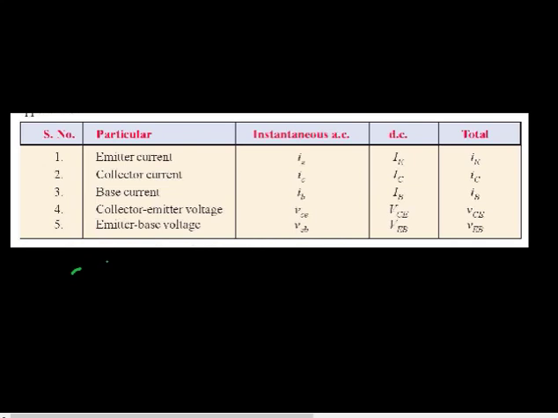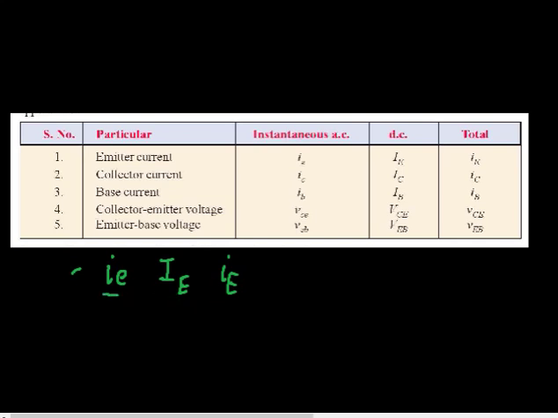The instantaneous emitter current is represented by ie, and the DC emitter current is represented by IE, and the total emitter current we are representing by iE, the small i with capital E subscript. So these make the different notations for the emitter current.